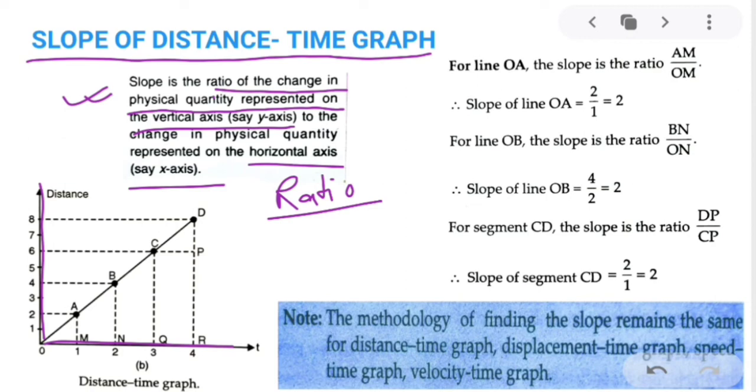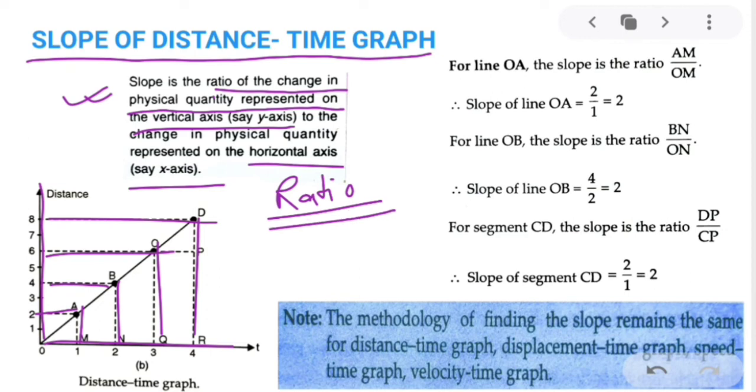Values on the y-axis, that means vertical values, to the horizontal values, the values on the x-axis. That ratio is known as slope. That ratio is called slope.